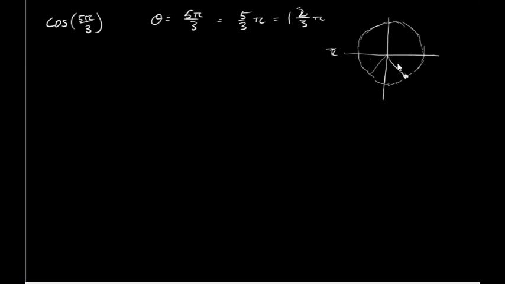Now the other option is 5 pi on 3 is the same as 2 pi take pi on 3. So we've got a full rotation of 2 pi, but I don't have that much. I've only got 5 pi on 3, so it's just a little bit less.